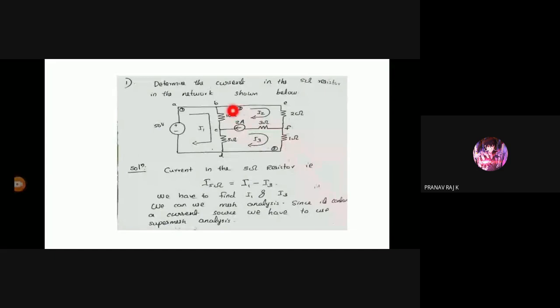Before that you have to remember one thing: in this mesh I2 is the current flowing in this manner, and in the third mesh the current is flowing in this manner.